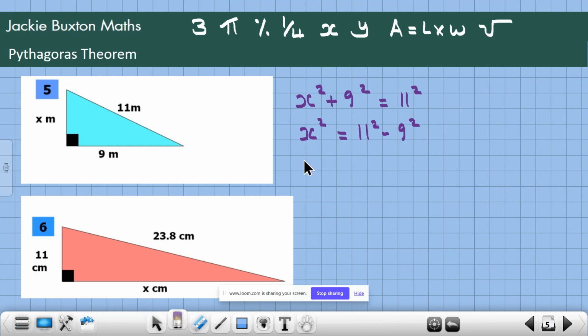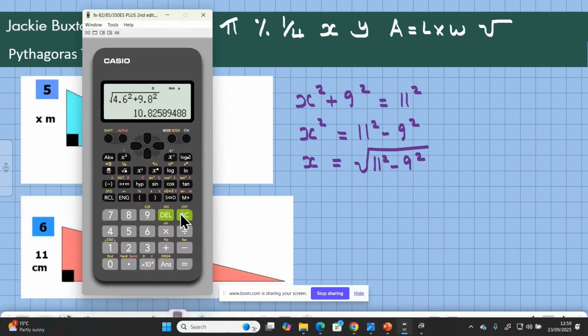Okay, so now we're almost there. X is going to equal the square root of 11 squared minus 9 squared. So just be careful with these signs. Let's get the calculator back. So square root of 11 squared minus 9 squared equals, and again it's given to us with a square root, so we are going to change it to a decimal with this button, and we get 6.324555532.